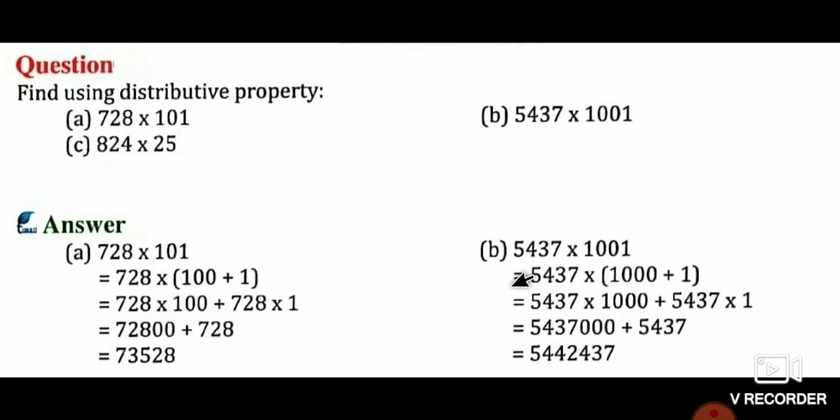So if you multiply 5,437 into 1,001 by using the distributive property, you will get 54,42,437. In this way, you have to find the given numbers using the distributive property.